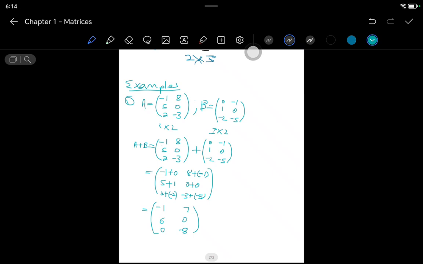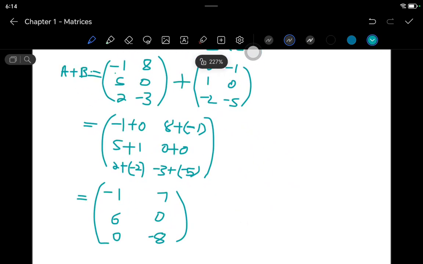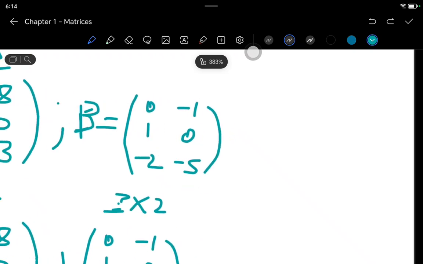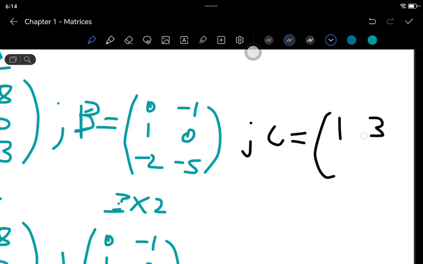And if I was going to subtract the matrices, I'll just have to subtract these values. So I'm not going to do the example where I'm subtracting. Now, let's say we add another matrix here, given that C would be 1, 3, 4, minus 7, right?